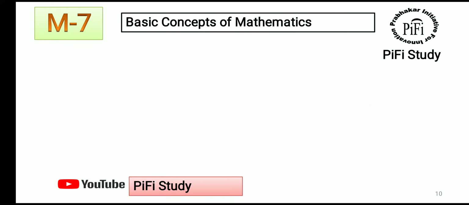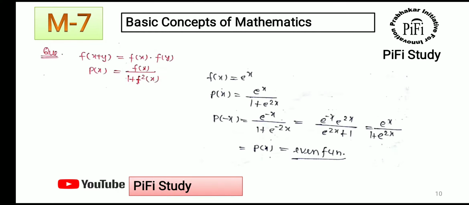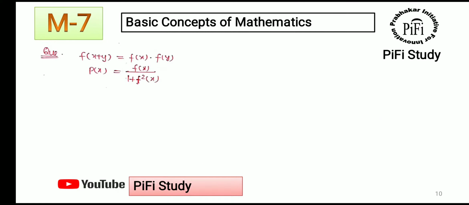Next, if f(x+y) is equal to f(x) into f(y), and p(x) is given as f(x) upon 1 plus f square x. If this type of condition is given, you directly have to think for what function we will use this type of condition.